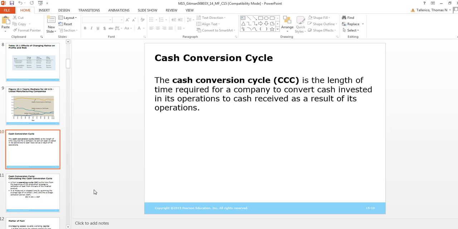It's similar to the personal finance concept of you going to school, investing cash in your operations, or college let's say, and then getting a job and getting cash received as a result of your operation.